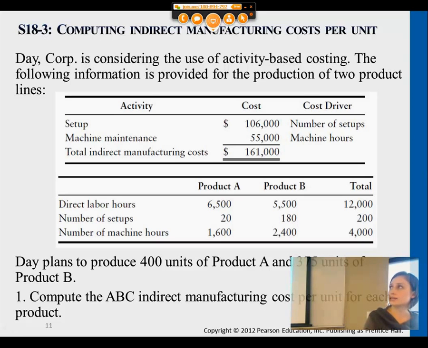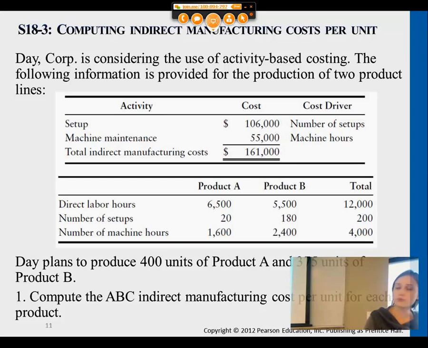We have a company that's considering using activity-based costing. They want to see what's better. So we have the following information. We have activity cost and then the cost driver. And then we have two products.